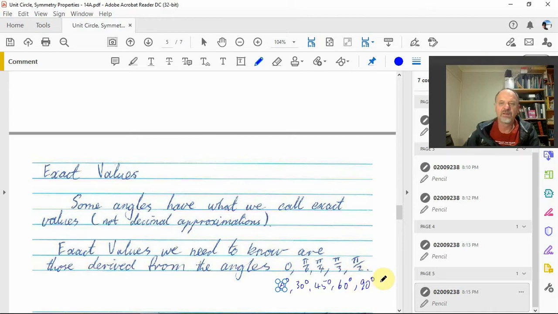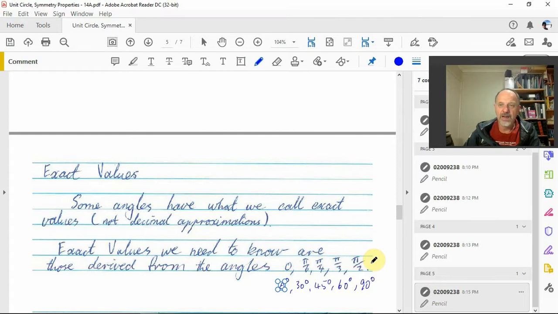These ones here are radians. These are ones you're expected to know in Spec and in Methods, and by knowing those you can then figure out a whole bunch of others.